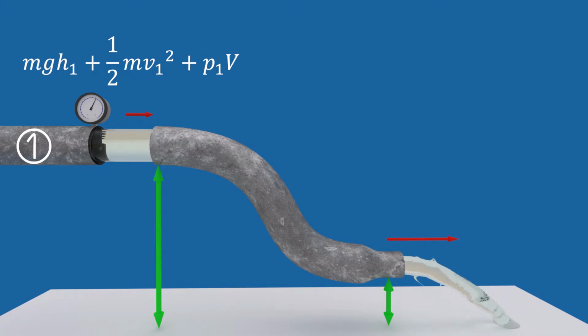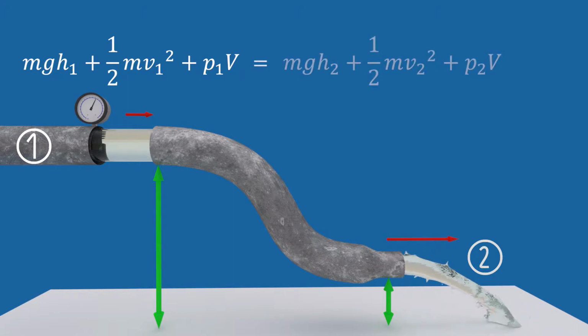Since we are still neglecting friction, energy is only removed from the system by the fluid exiting the stream tube through cross-section 2. The fluid cylinder exiting the system, which due to continuity still has the same mass m, has an energy equal to the sum of its potential energy, its kinetic energy, and its pressure energy.